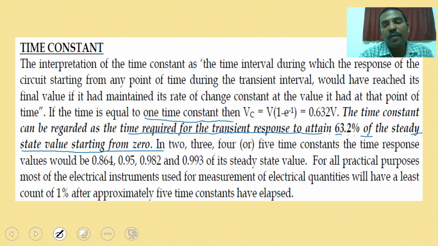So the voltage drop across the capacitor is V into 1 minus e power minus 1. Finally you get the value 0.632 into V, where V is the applied voltage.